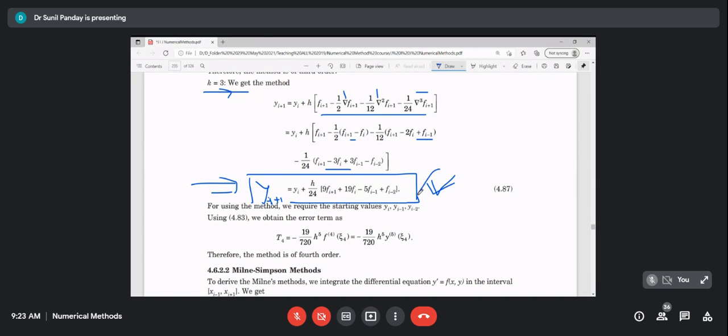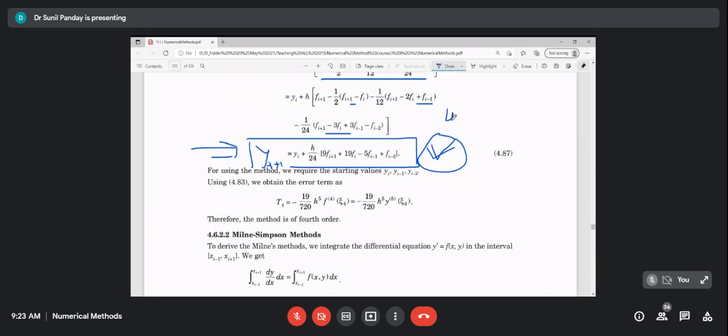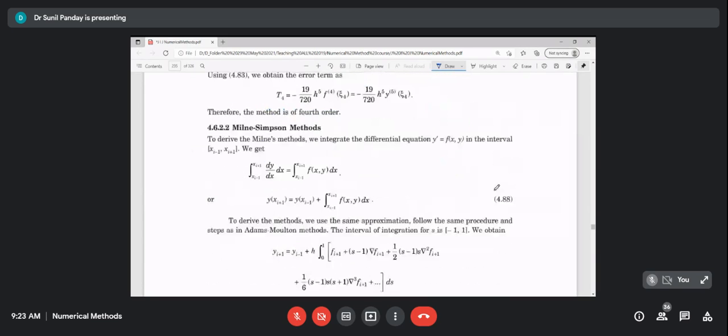So this is our corrector method, and from Adams-Bashforth we will predict the value. And this is the fourth order Adams-Moulton method.